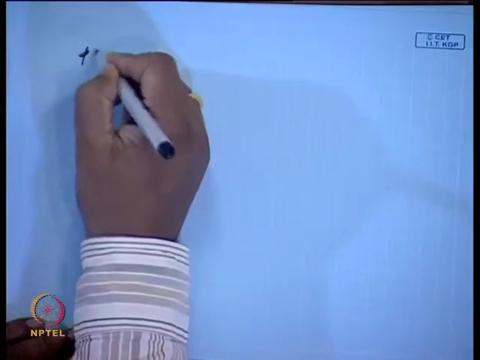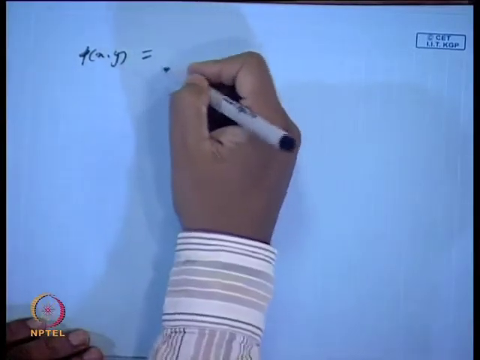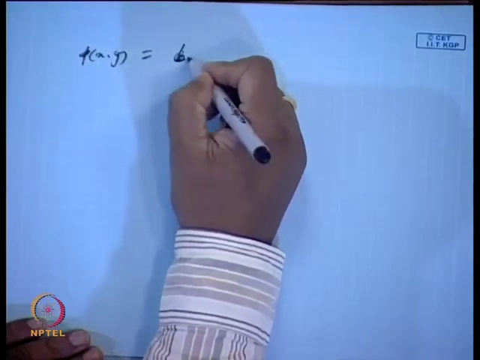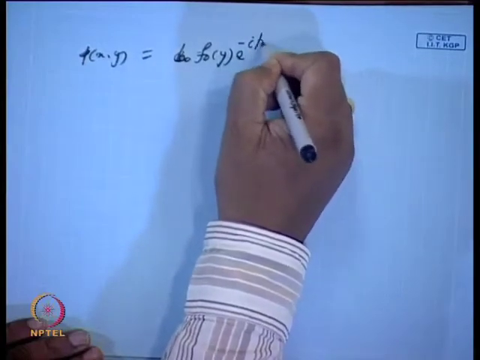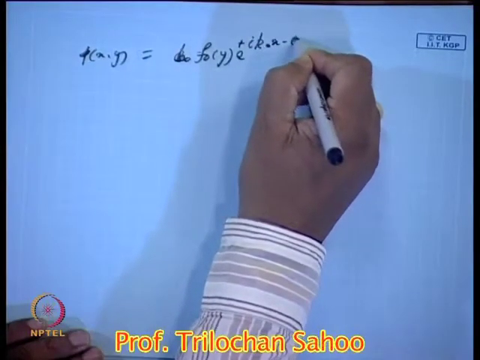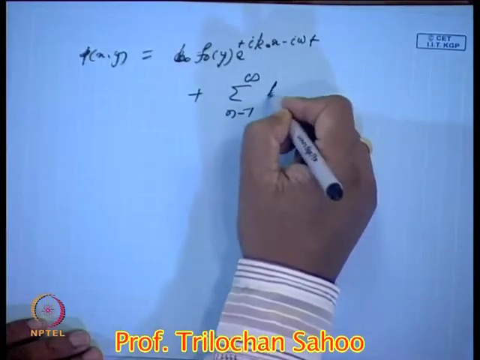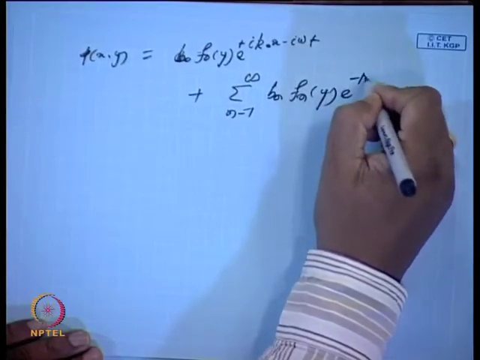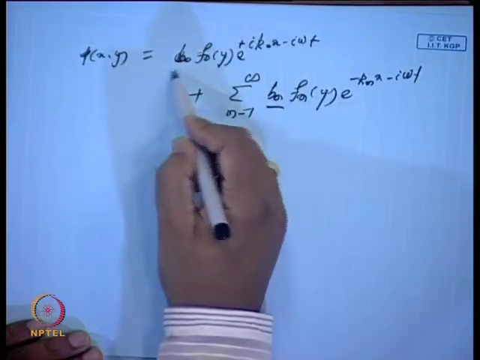Phi(x,y) was of this form: on the right side I have taken b_0 f_0(y) e to the power i k_0 x minus i omega t, plus the sum of b_n f_n(y) e to the power minus k_n x minus i omega t, and this b_n and b_0.